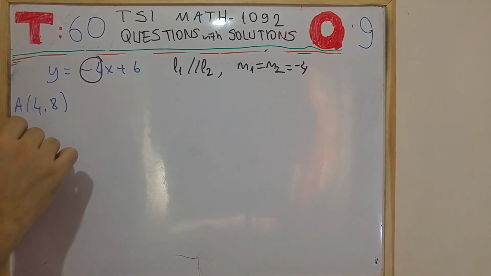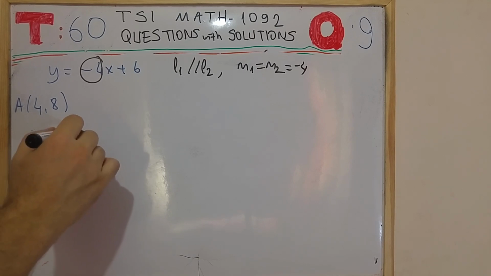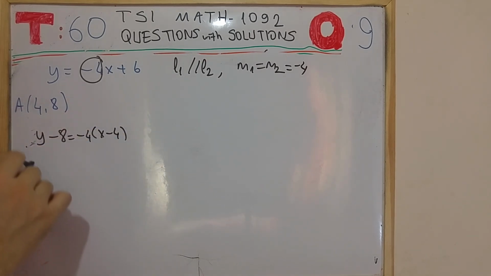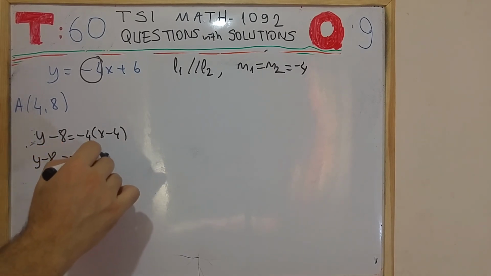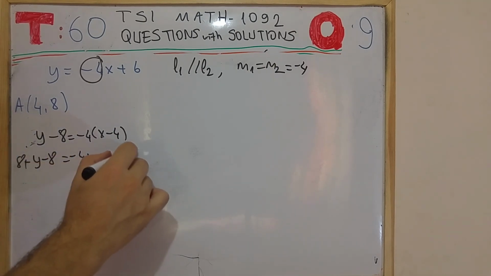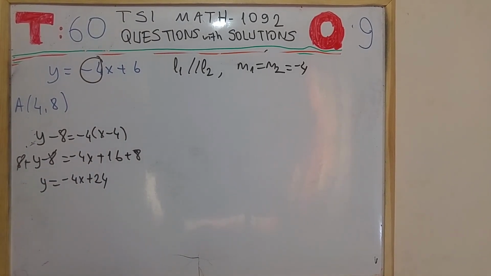Let's calculate it now. y minus y1, which is equal to 8, is equal to minus 4 times x minus 4. So y minus 8 is equal to minus 4x plus 16. When I add 8 to each side, what I have is y is equal to minus 4x plus 24.